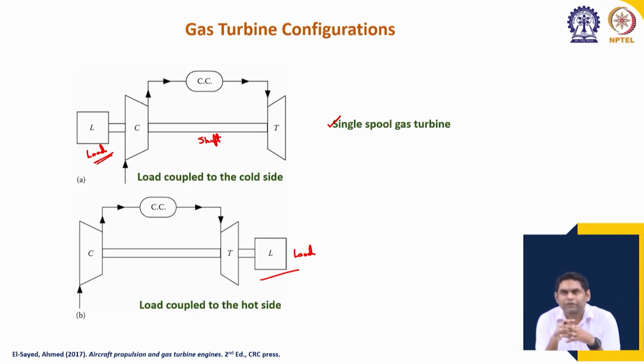Typically, in each stage of an axial compressor, the pressure ratio is around 1.5. So, if the overall pressure ratio is say 20, then you can imagine that there will be a large number of stages. In that case, the density of air changes quite significantly in the compressor as well as in the turbines.